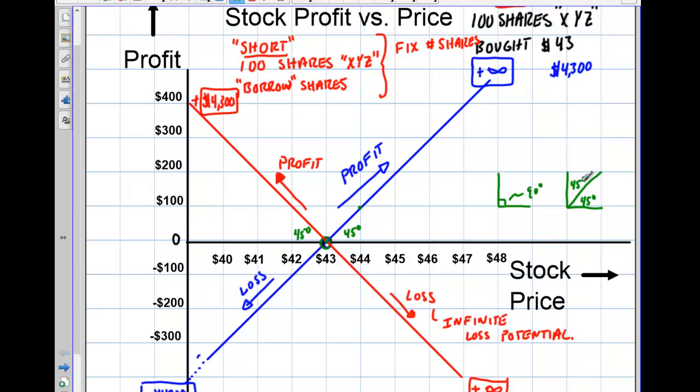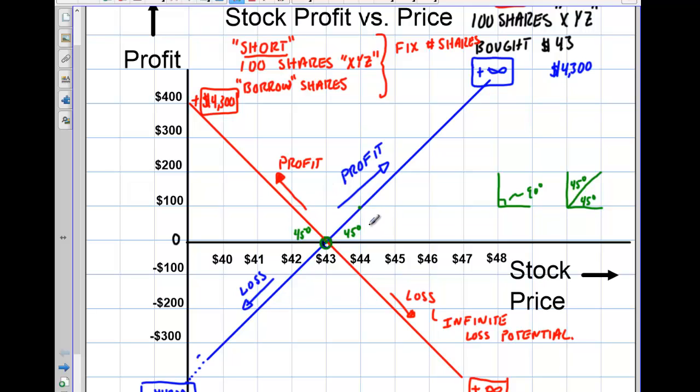Why should we care about angles of a graph when I'm talking about stocks? The answer is that the slope of this line will change depending upon how many shares you have, how many contracts you have, and we need to understand that 45 degrees, because when we get into options, when we start talking about calls and puts, this angle is going to change at 45 degrees at a time depending upon what we're doing.